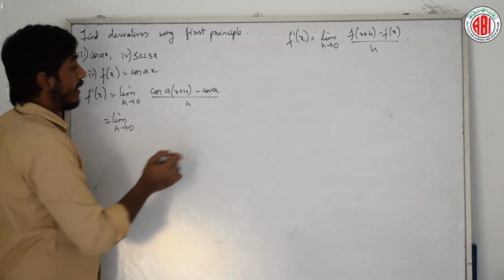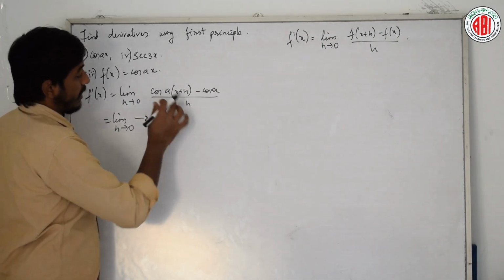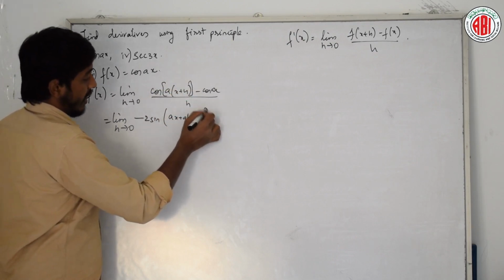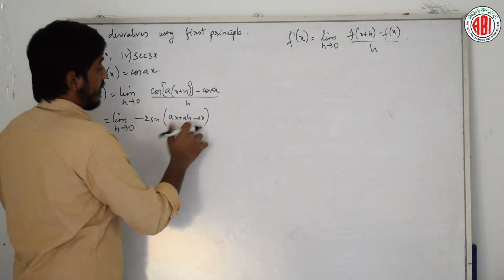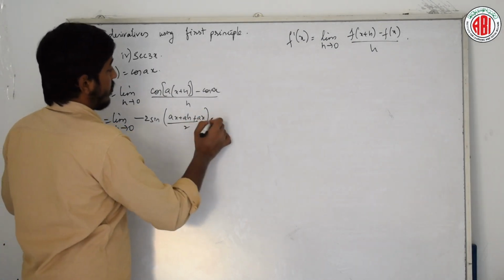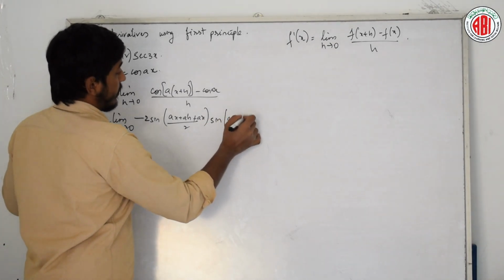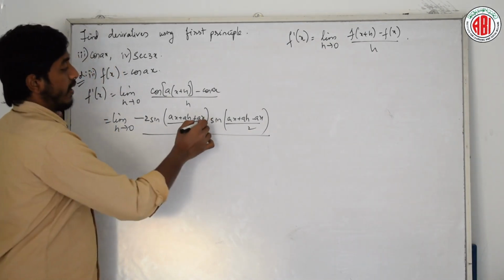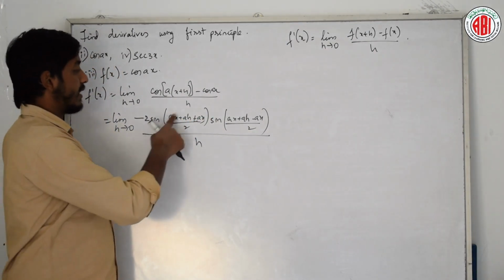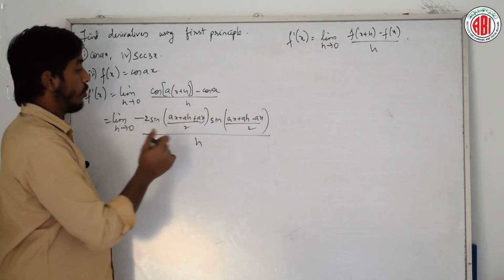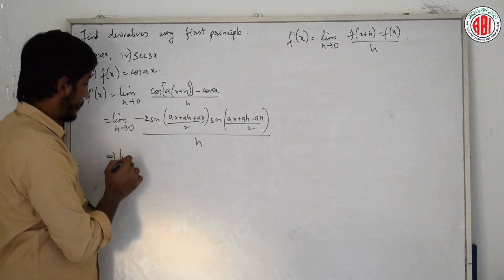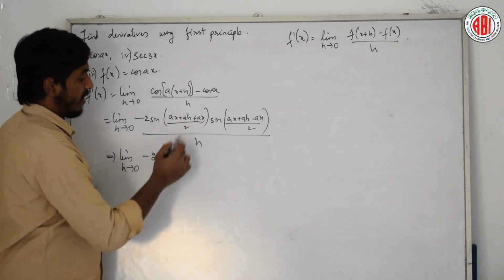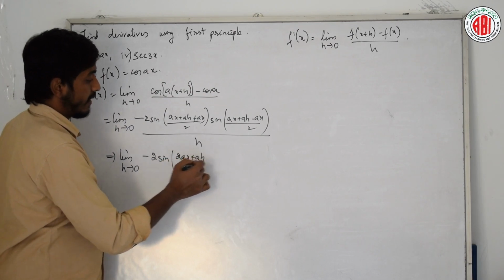Can I use the formula here? That is minus 2 sine c plus d by 2 into sine c minus d by 2, whole divided by h. Is it fine? Here, limit h tends to 0, minus 2 sine, here we can't do anything, 2ax plus ah by 2.